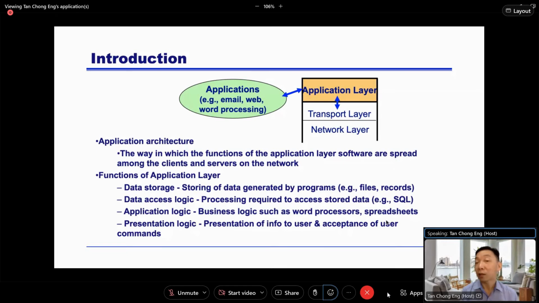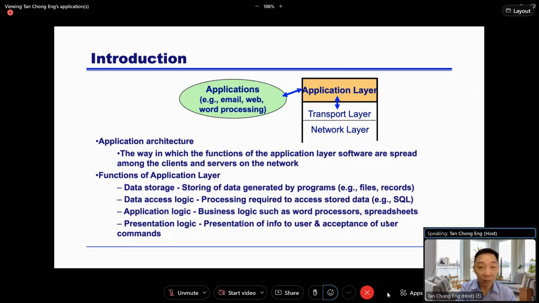Your word processing now slowly they are having all these. Last time, your word processing, like your Microsoft Office, was a standalone application, but today they are going cloud-based, so that you don't really have to download and install before you can use them. So always remember, application layer is all the different applications like email, web, word processing, Excel, MP3 player, and all the stuff.